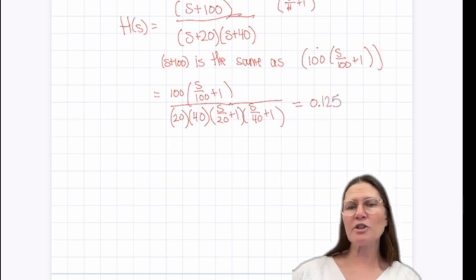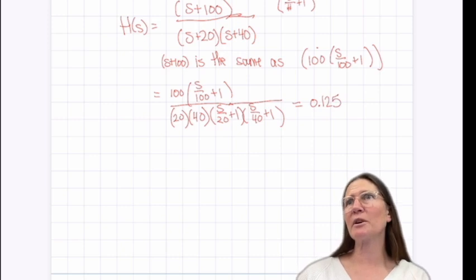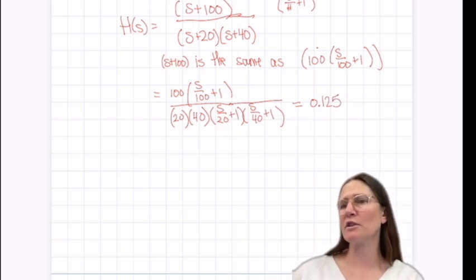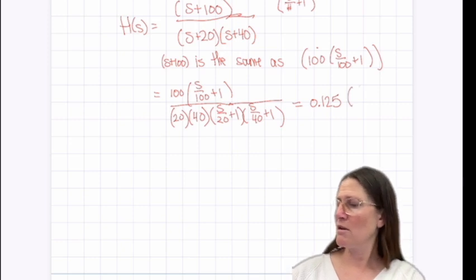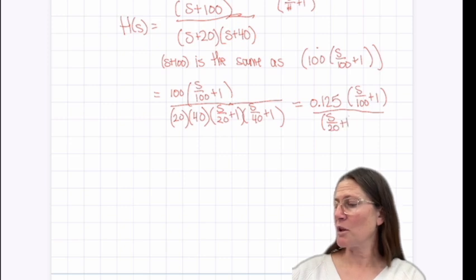So with this, if I change this over to dB, do I expect this number to be a positive dB or a negative dB? Negative, correct? So this is going to be my equation.